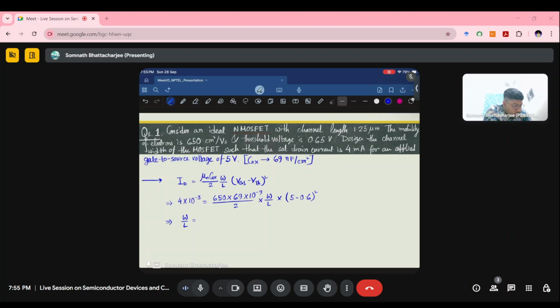So the value is 9.2134, and we know the value of L.